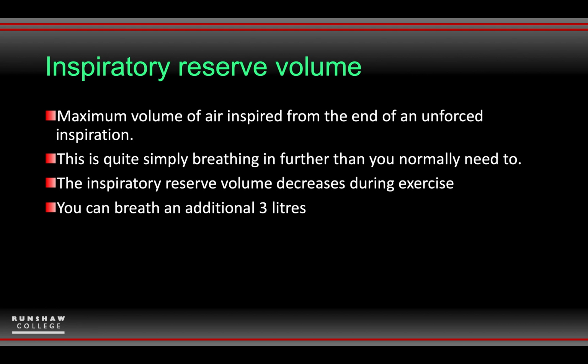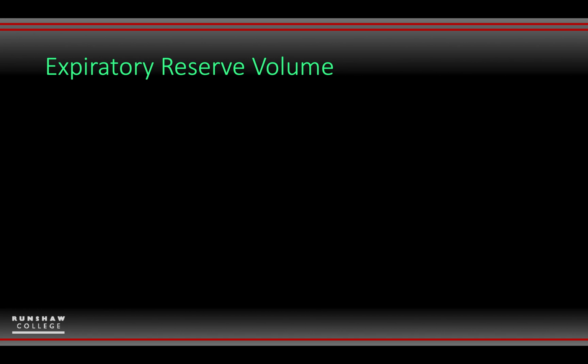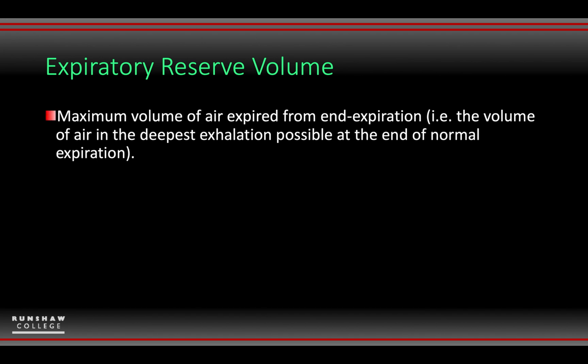Now, the extra that you can breathe in is an extra 3 litres, which is quite important as you start to exercise. So that's there. So you can see that just breathing in normally, that's the extra you've got in reserve if you felt like you needed to use it. Now, expiratory reserve volume is exactly the same, except from when you breathe out.